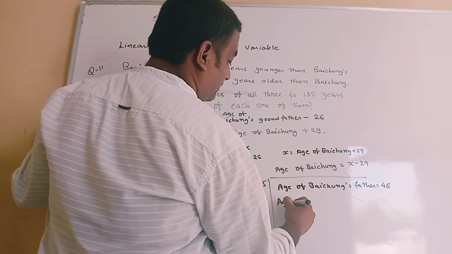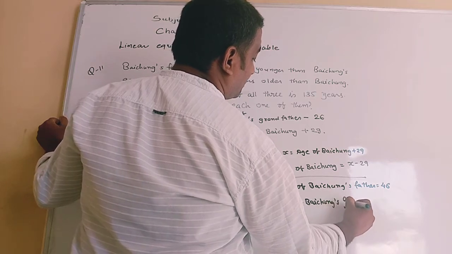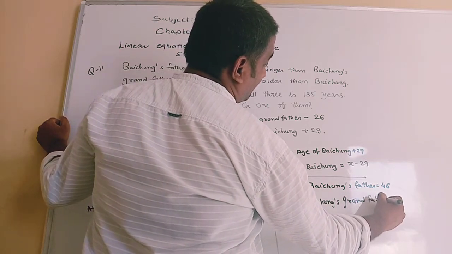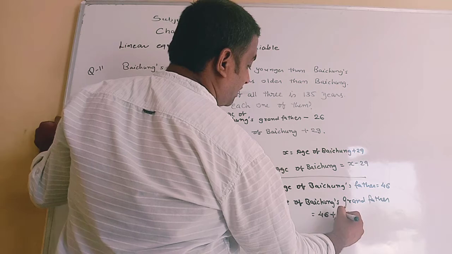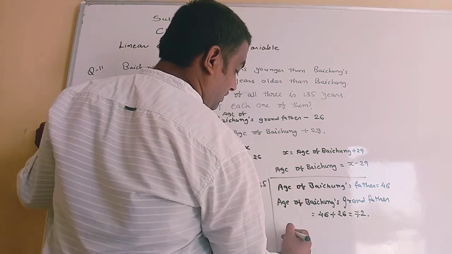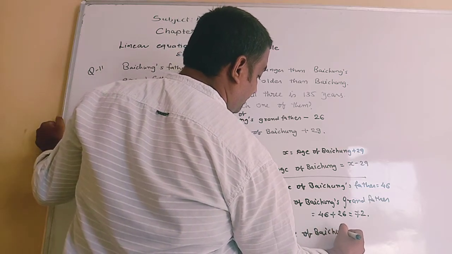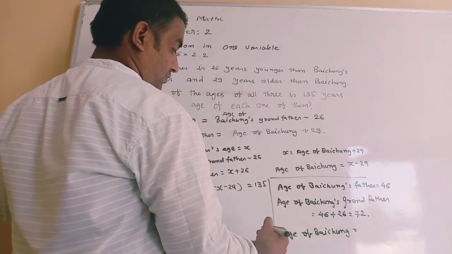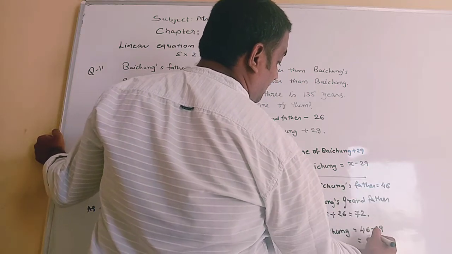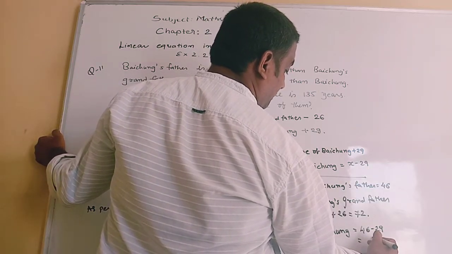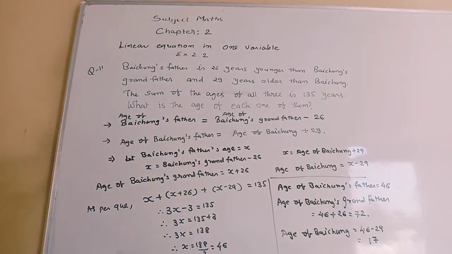So age of Baichung's grandfather will be x plus 26, that is 46 plus 26, 72, and age of Baichung will be x minus 29, 46 minus 29, that will be 17.